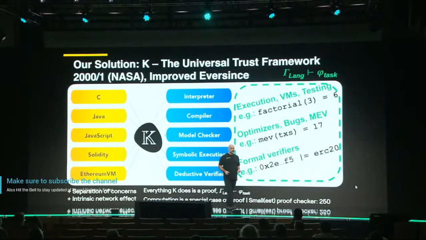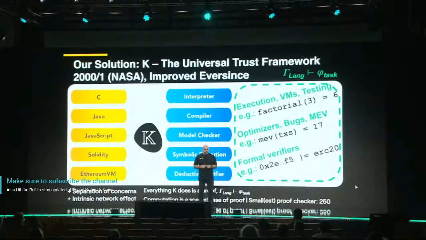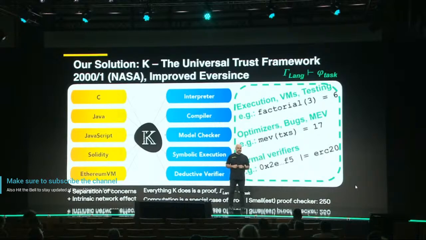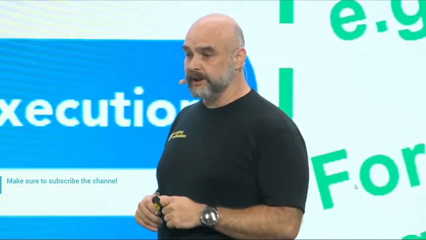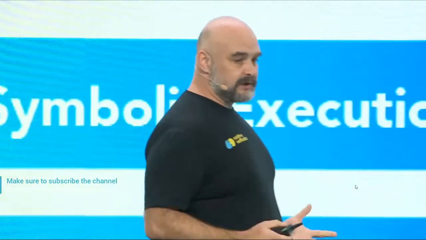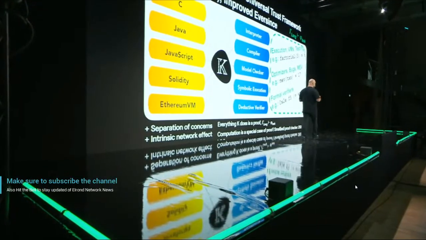So we instrumented all these blue boxes, all these tools, to generate evidence, basically proof objects, we call them mathematical proof objects, that indeed what they do is correct. So this gives us, as users, the ultimate guarantee that the tool does what it's supposed to do. That factorial of 3 is 6, indeed, because it's a mathematical proof that I can check independently of K. As you can imagine, K is a large system, and some people ask, how large?